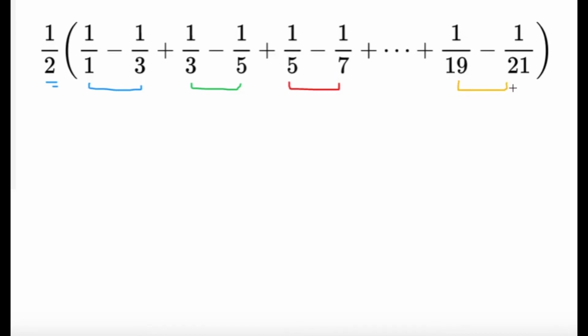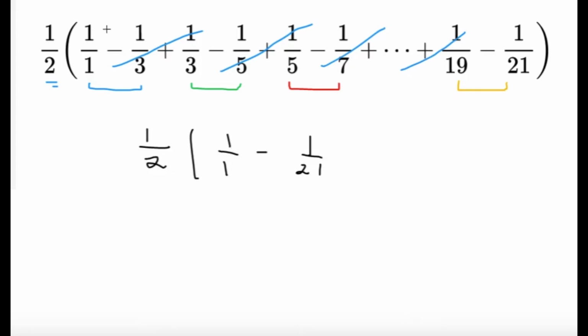What's nice about this is that we can cancel stuff. The negative 1/3 and the 1/3 here cancel. The negative 1/5 and the 1/5 here cancel. The negative 1/7 will cancel with the 1 over 7 minus 1 over 9 in the next term, up until the last term, where the negative 1 over 19 in the previous term is going to cancel with this. This will leave us with 1/2 times 1 over 1 minus 1 over 21.